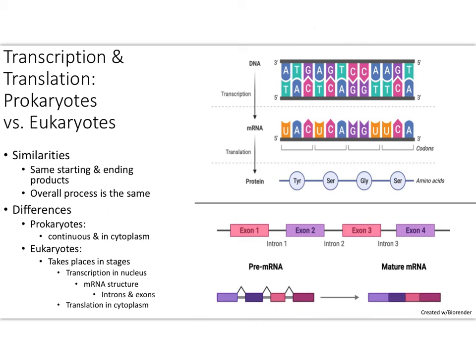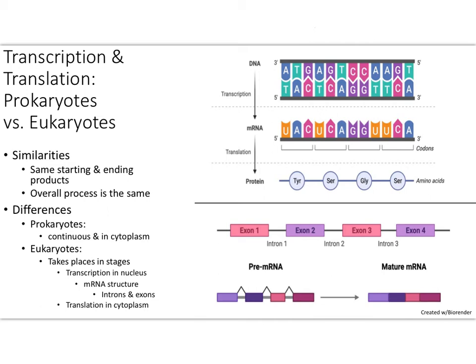It is still a single strand of nucleotides arranged in codons, but in eukaryotes, they also have regions of that mRNA called exons and introns. Exons are regions of mRNA that will match up with amino acids. Introns, on the other hand, are seemingly random regions of mRNA that won't match up with tRNAs.